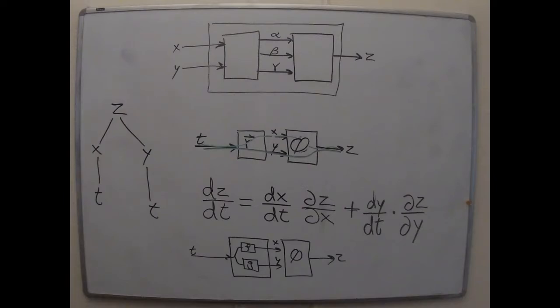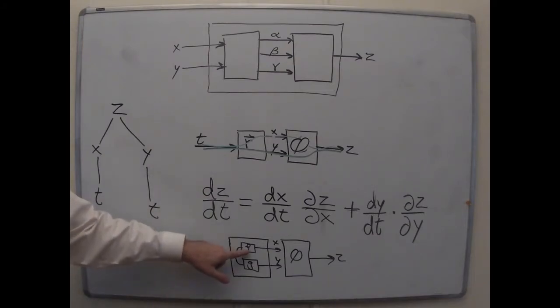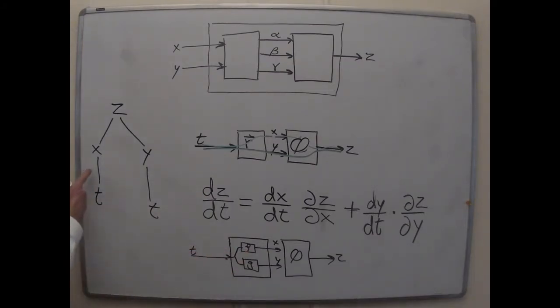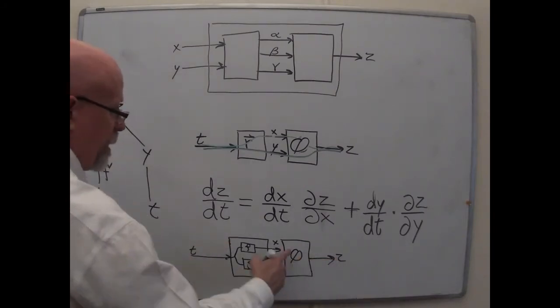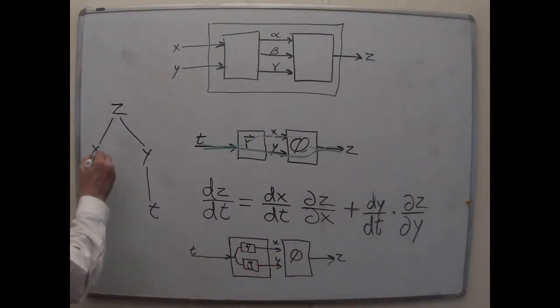Well, each of these little line segments that shows a dependency comes about because of a function. The time dependency of x comes from this function f. So let's call it f prime, that's the derivative of function f. The way that z depends on x comes from this function phi, and the derivative of that we would call phi sub x.